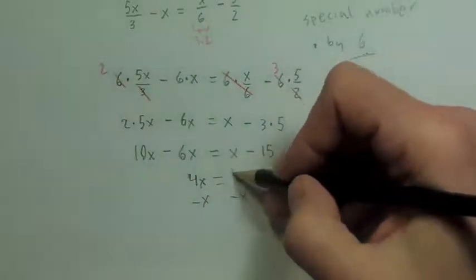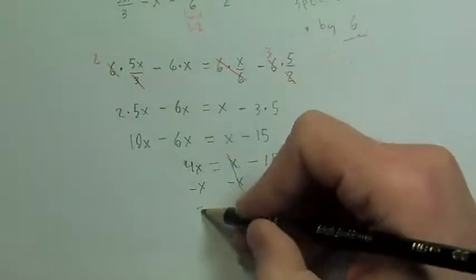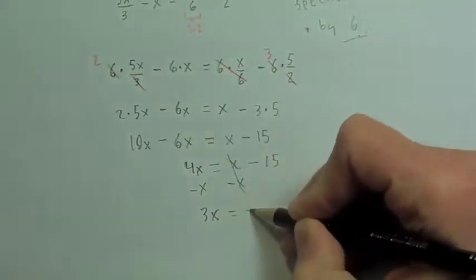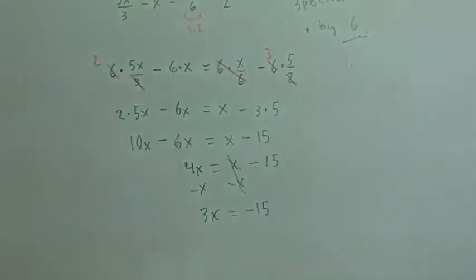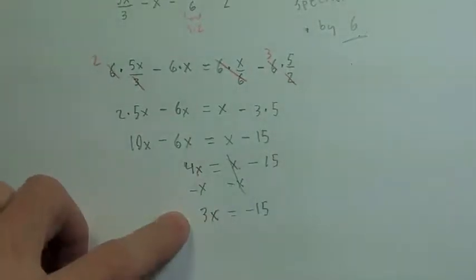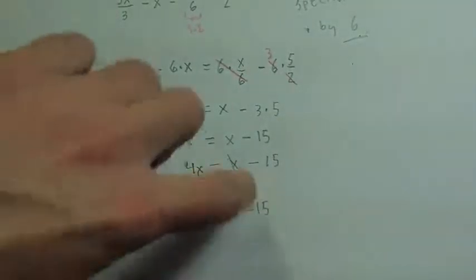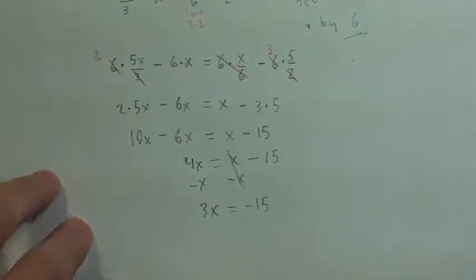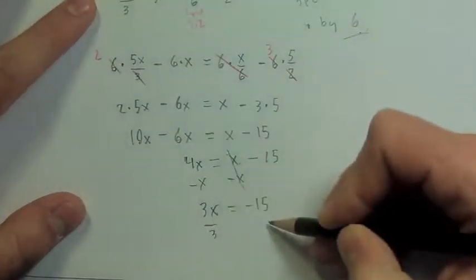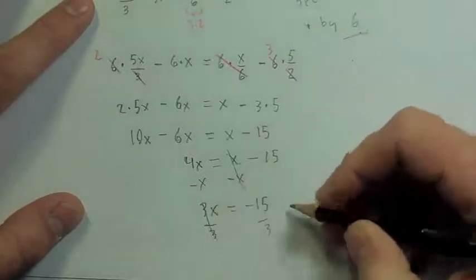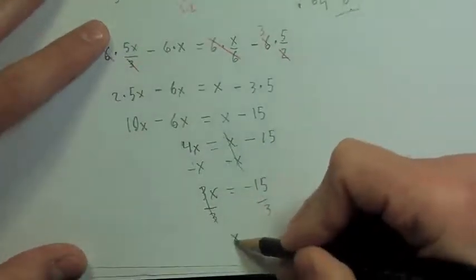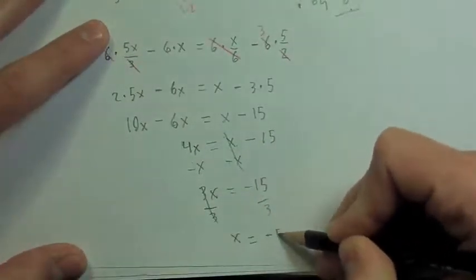If I move this x over, I'll get a 3x is equal to negative 15. So now I have everything I need. I have all my x's on one side, everything else on the other, and so we'll just divide both sides by 3. Okay, to get that x is equal to negative 5.